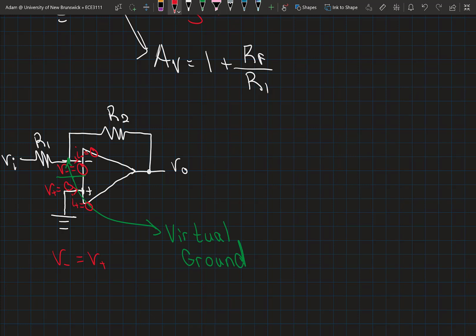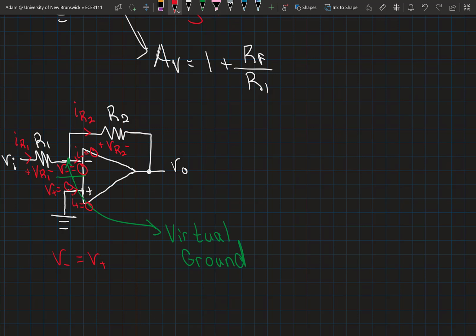Let me label a couple of other currents on here. Let's label the current through resistor R1 as IR1, and let me show the current through R2 as IR2. Let me go one step further and label the voltage drops across these resistors. Let's call this voltage drop VR1, and this voltage drop VR2.